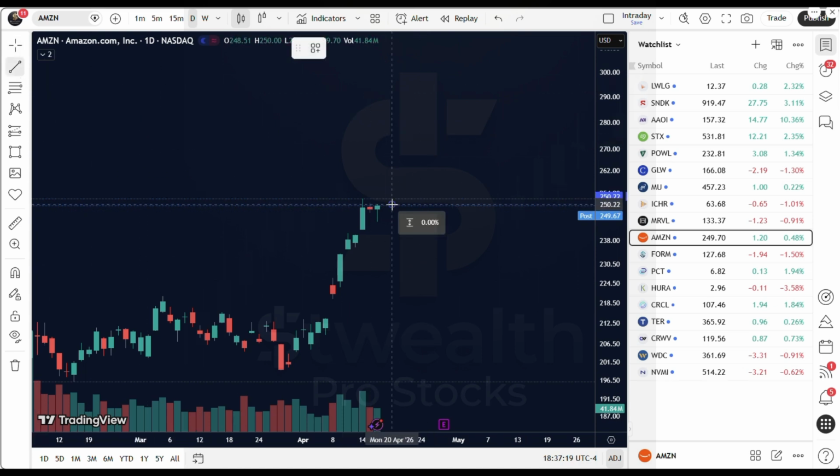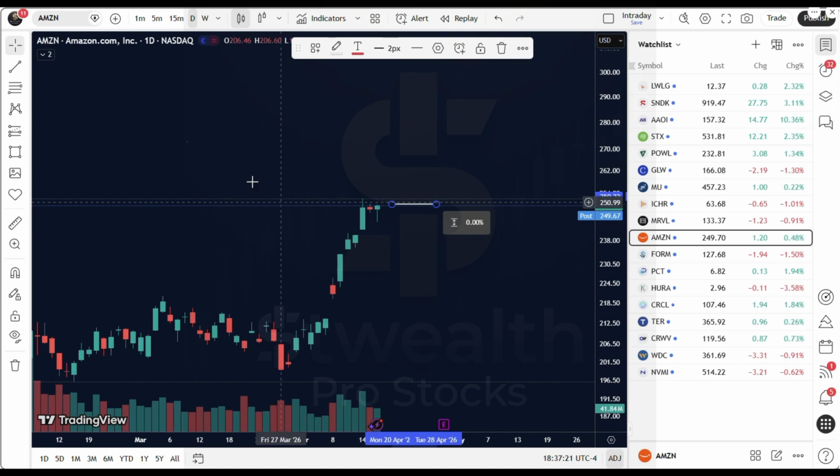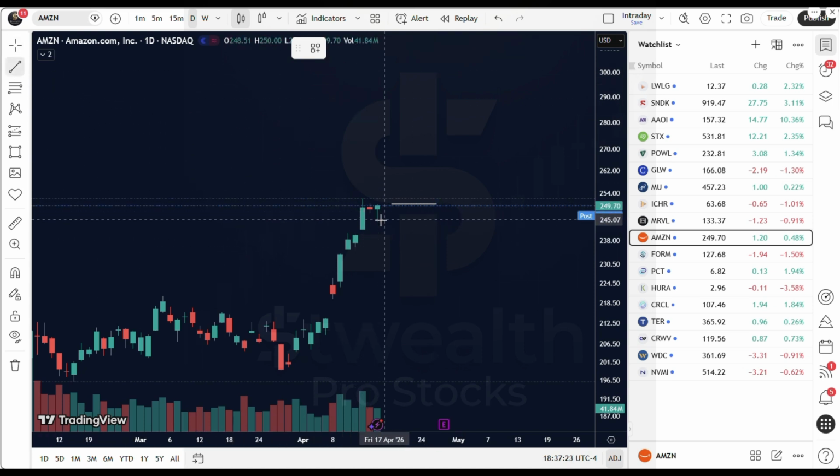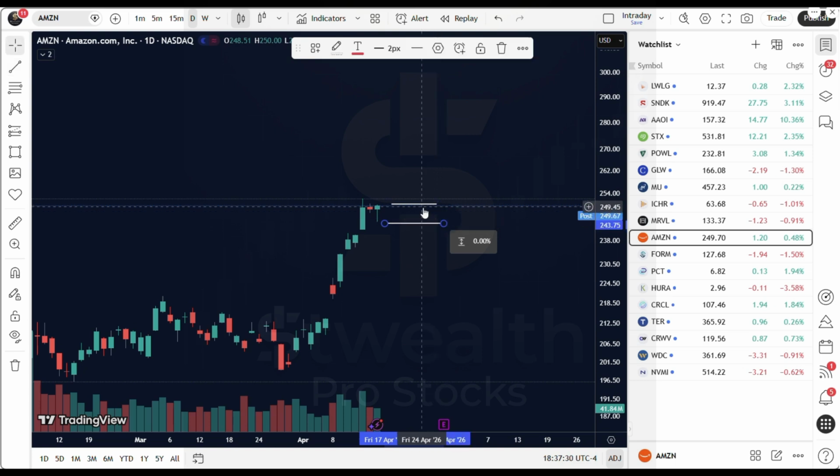So I'm going to set up a line here, something like this, and I'm going to set up another line here. That is the low of the day. So anywhere between these two lines is what my entry is going to be. The closer to the bottom, I can take a bigger size because my risk is low. The farther away from the bottom, the smaller the size because my risk is going to be more.